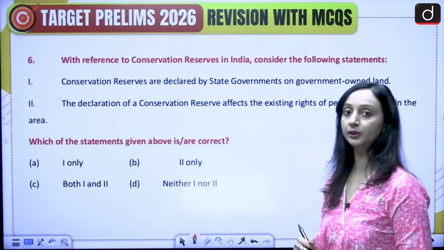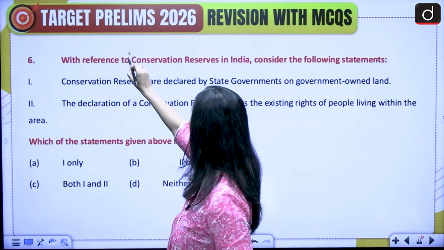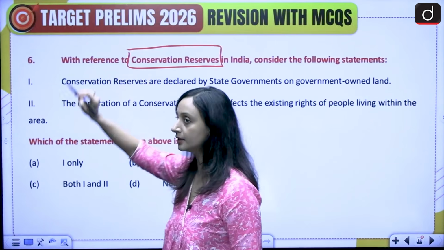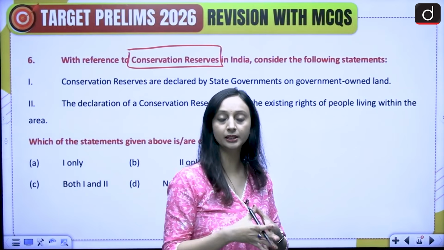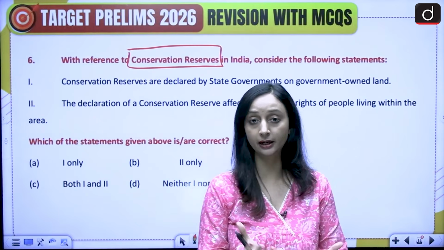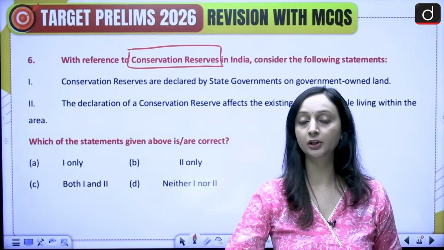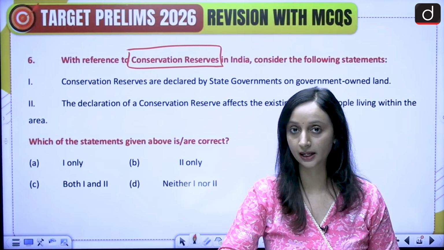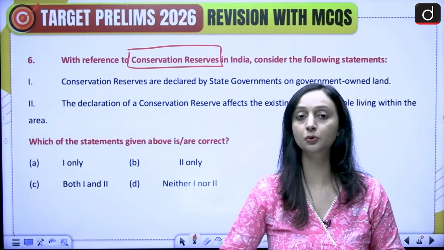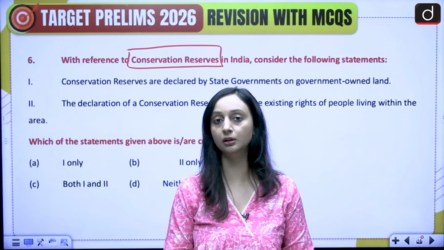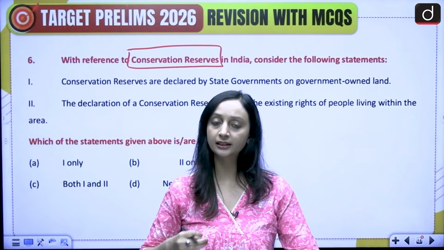Done. So here we are talking about the conservation reserves. Conservation reserves are not exactly protected areas in themselves, but are the areas present outside or around the protected areas, like your national parks and wildlife sanctuaries. So conservation reserve is actually a legal term used to designate the area around these protected areas. And they can be anything.